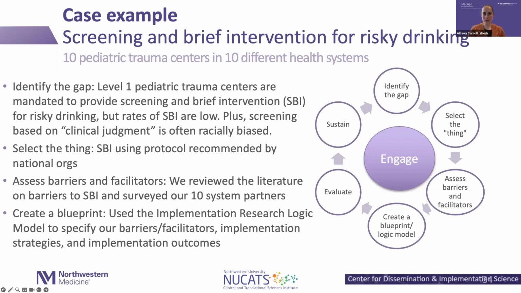Okay, so I will go through this briefly to focus on the barriers and facilitators here. Just as a reminder, this is the case example of screening and brief intervention for risky drinking in pediatric trauma centers. First, the gap was identified. They selected the intervention to be used, and now we're at this point of assessing the barriers and facilitators.